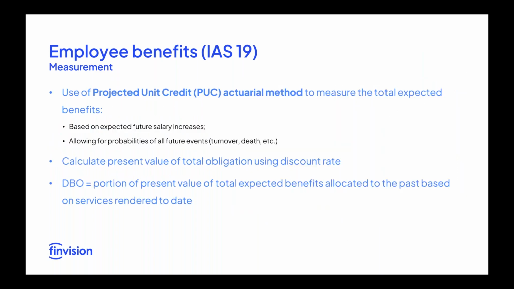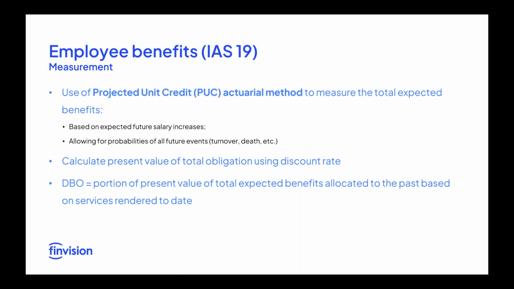So how do we calculate it? IAS 19 has prescribed a method which is called the projected unit credit actuarial method, the PUC. That will use the assumption about future salary increases, and assumptions about other probabilities of future events like turnover, early death, disability, etc. So many different assumptions can be included in this method.